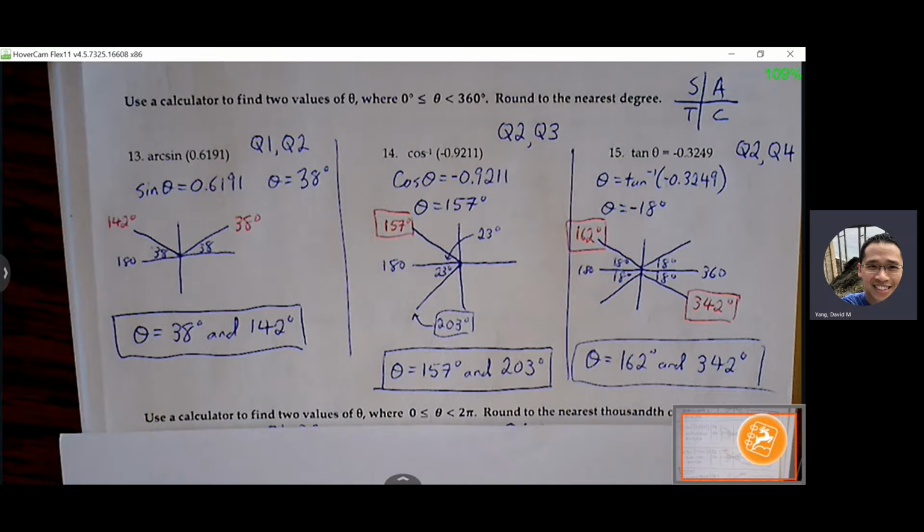You're going to experience 17 the same way you experienced number 14. It just feels more abstract because you may not recognize that the theta is already in the second quadrant. And if you get done 16 through 18, then hopefully you have room to put 19 and 20 at the bottom of your sheet.